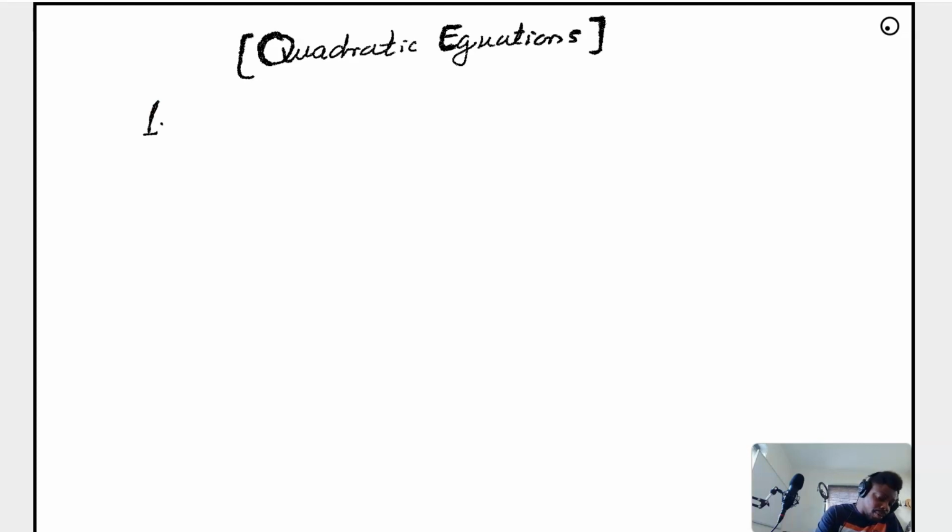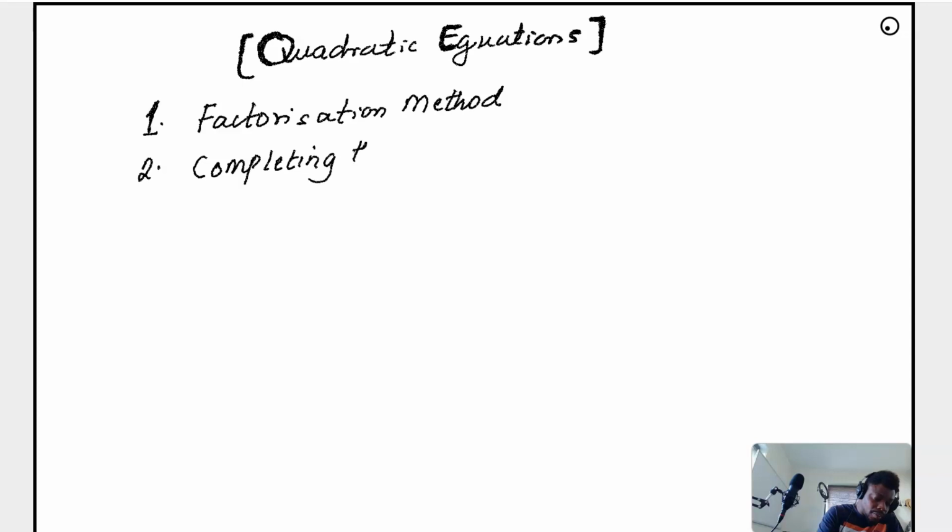So the first method is the factorization method. The second method is the completing the square method.